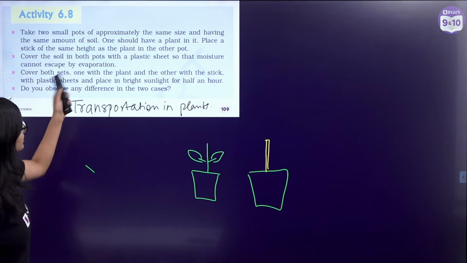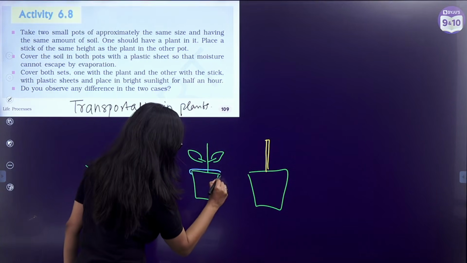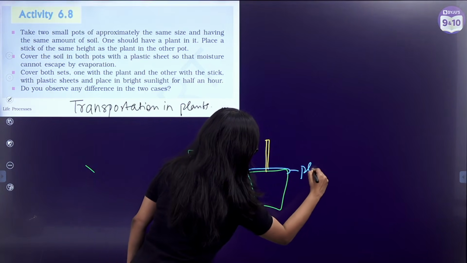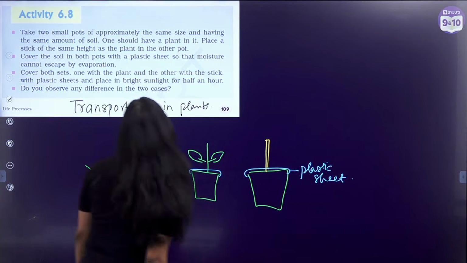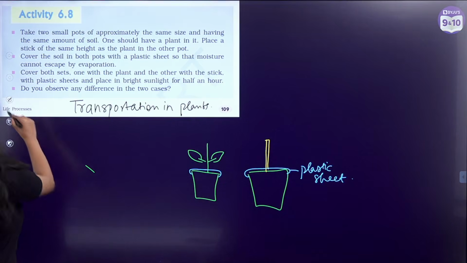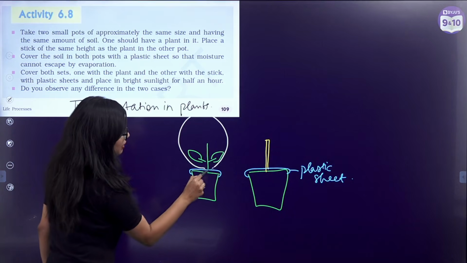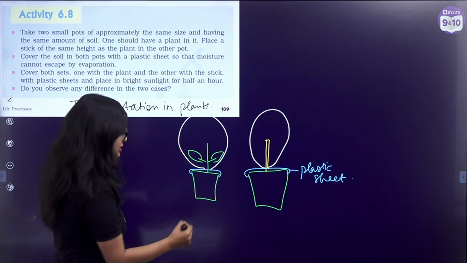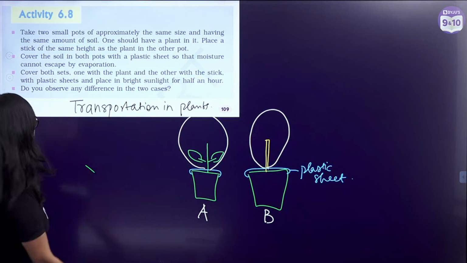Now we are going to cover the soil in both cases with a plastic sheet. And then I am going to cover both my plant as well as my stick in a plastic sheet. So let me call this A and let me call this B.